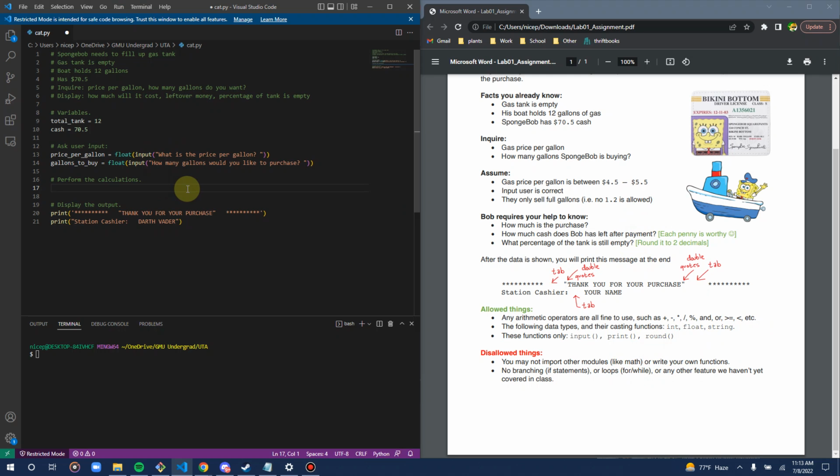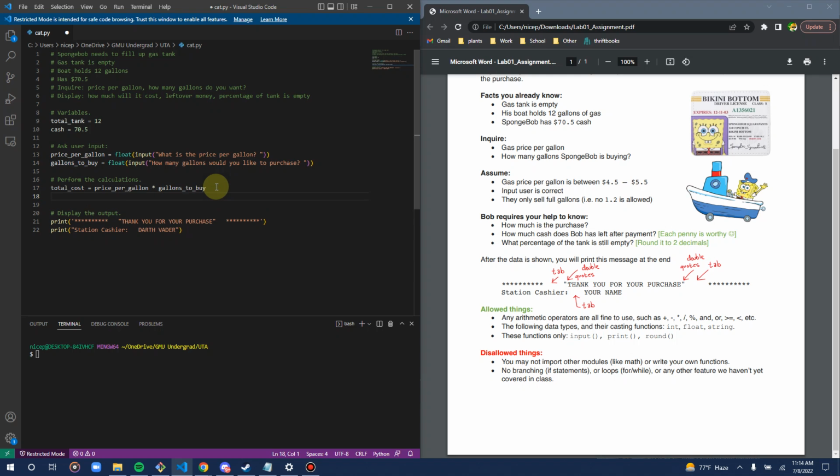So now that I have the price per gallon and gallons to buy based off the user inputs, I'm going to create a new variable, maybe called total cost, and set that equal to price per gallon times gallons to buy. So what this is going to do is say, okay, you want to buy 4 gallons. Well, each gallon is $5, so you do the math there. That will be your total cost.